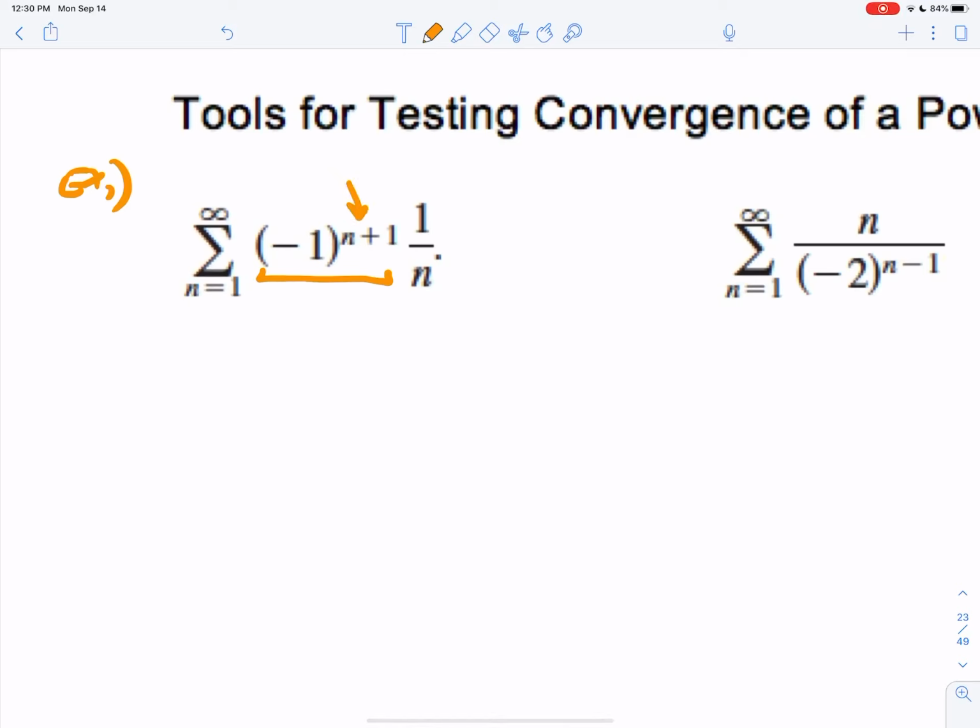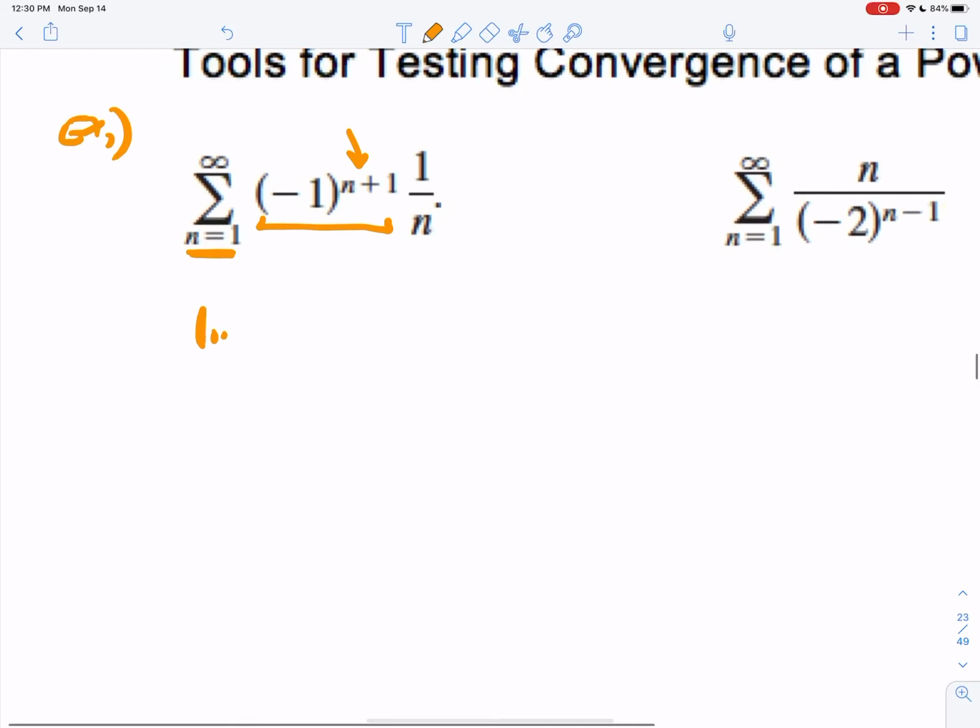It doesn't matter what the exponent is, whether it's n or n minus 1 or n plus 1, that'll still cause your terms to alternate. For instance, n starts at 1 here. If n is 1, you get something positive. If n is 2, you get something negative. If n is 3, you get something positive, and so forth. You notice that it alternates. Because that alternates, we're going to use the alternating series test.